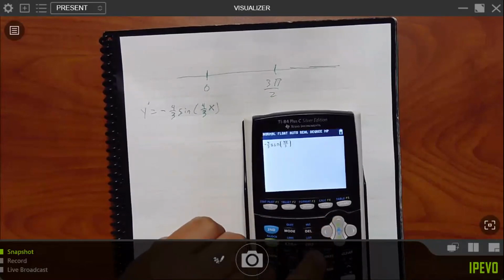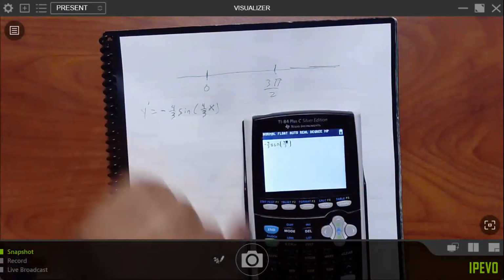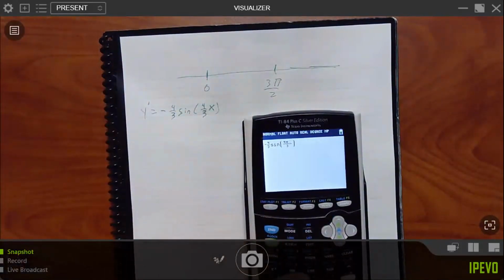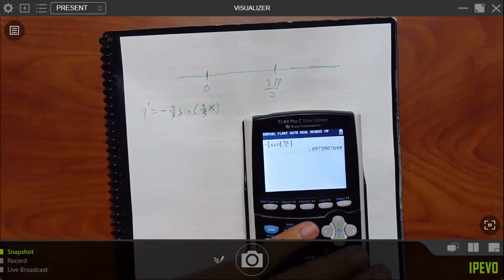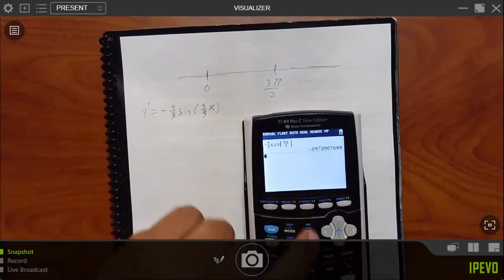So I'm gonna plug in, so anything between here and here, I'm gonna choose pi. Yes. Pi is less than 3 pi over 2. We are negative here.